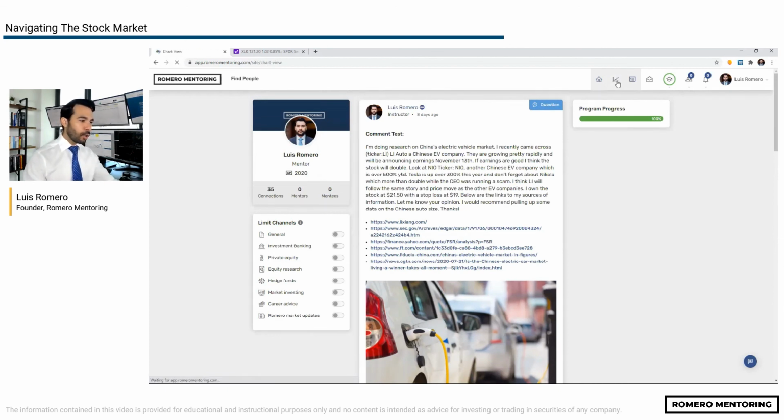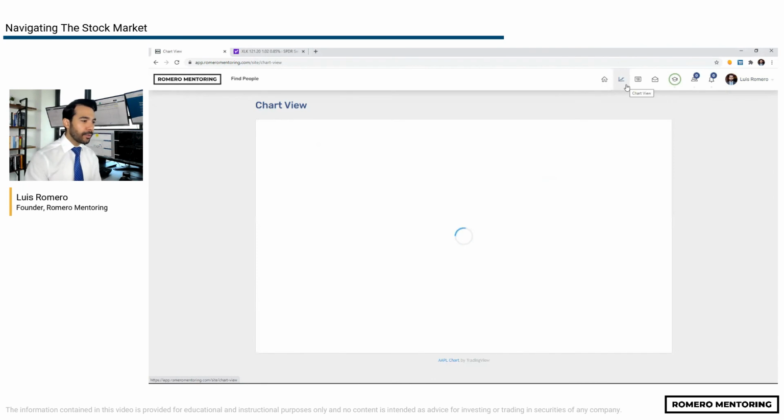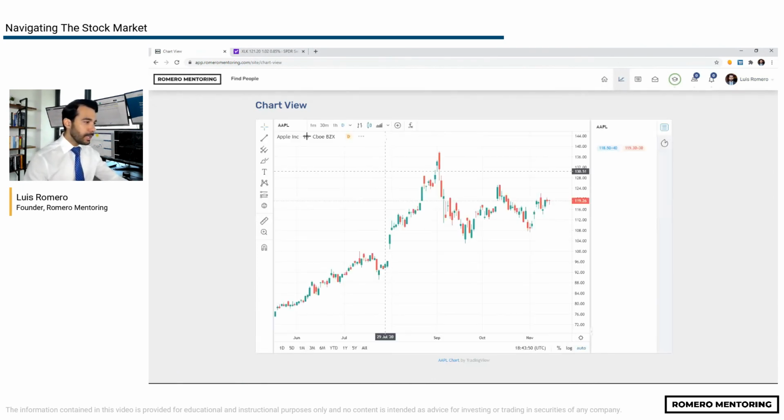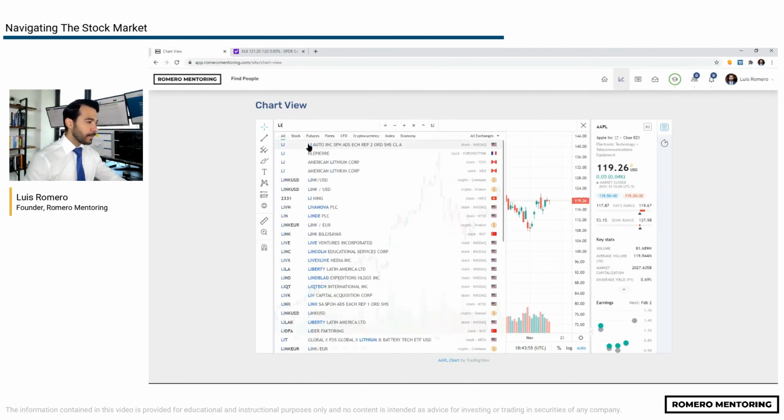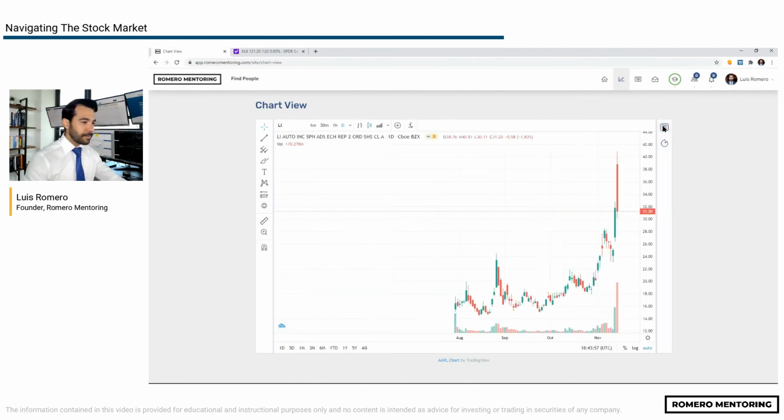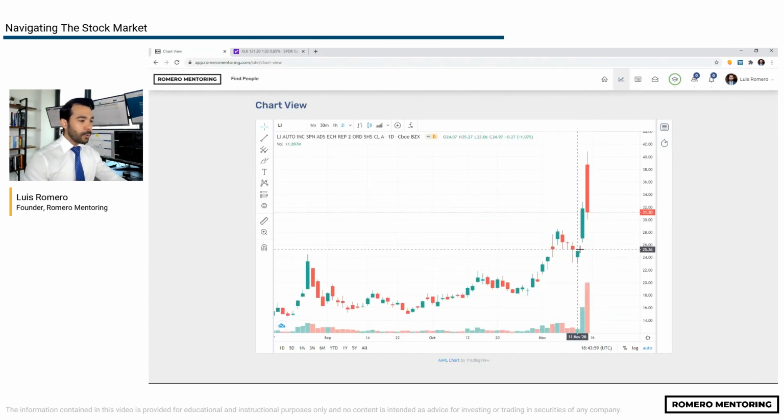We actually have our own chart within our platform as well that allows us to see this. So let's just load up, let's put up here the ticker symbol of Li Auto. Here it is. And this is just pretty cool. So when we first came up with the thesis, it was right here, right in late October was when I actually bought the stock.